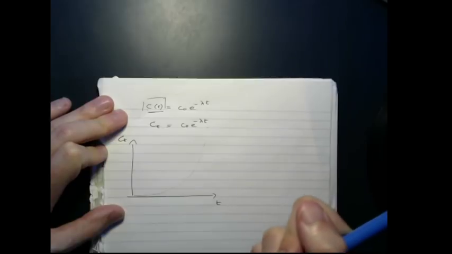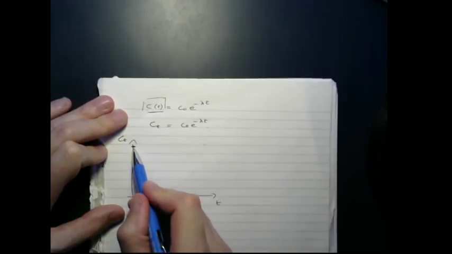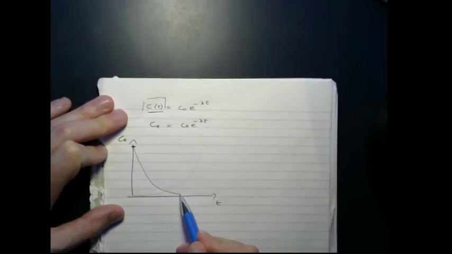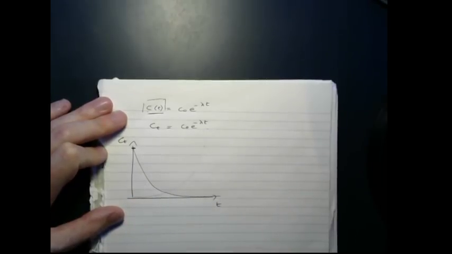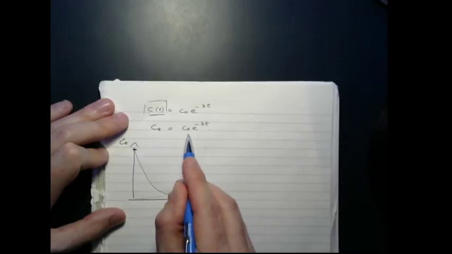Okay, but it's the same thing, just in reverse. So this time, instead of starting off with next to nothing and increasing exponentially, we're starting off with something and decreasing exponentially. So it's going to look like this. It's going to taper off to nearly zero there. Okay, so that's my equation of a line.